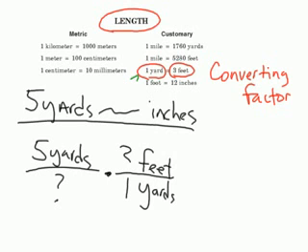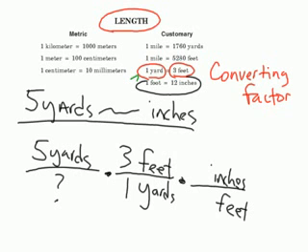And on my conversion chart, it has 3 feet equals 1 yard. But I still don't want feet. I want inches. So I'm going to convert it again. Feet is on top, so I'm going to put feet on the bottom and inches on top. On my conversion chart, I see that 1 foot equals 12 inches.